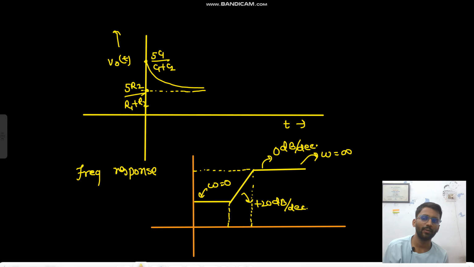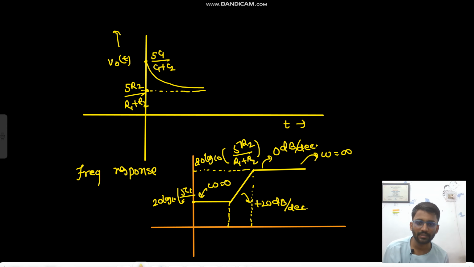This value is 20 log 10 of 5 R2 upon R1 plus R2, and this value is 20 log 10 of 5 C1 upon C1 plus C2. Since we had more gain at infinite frequency, that's why we took the graph up. So first we had this 0.